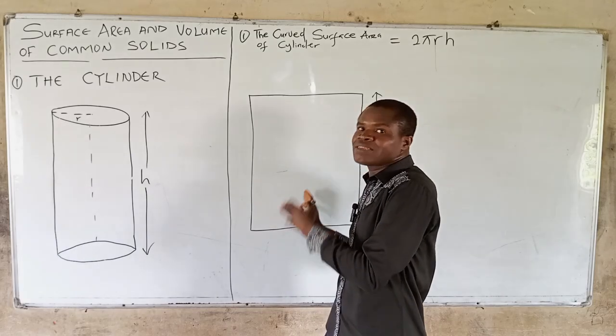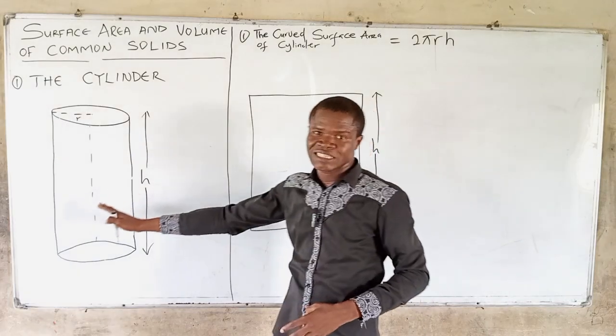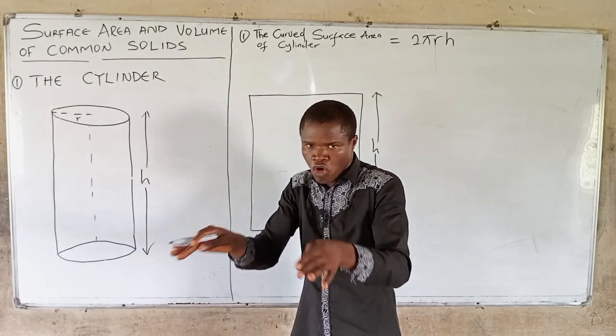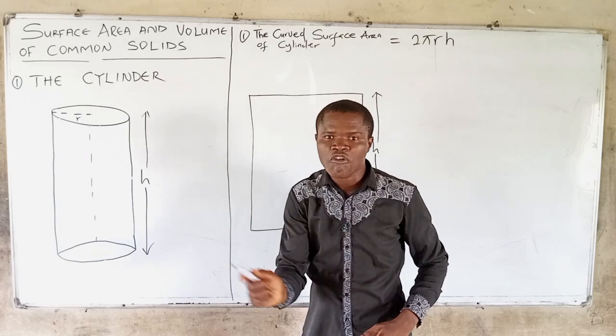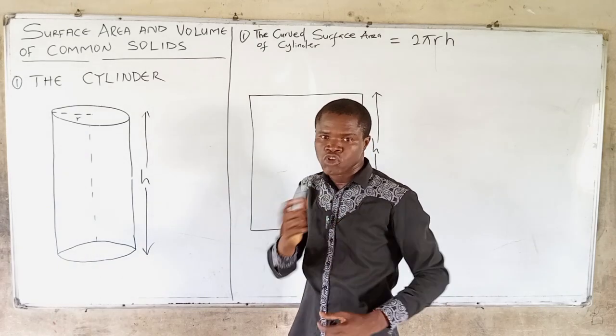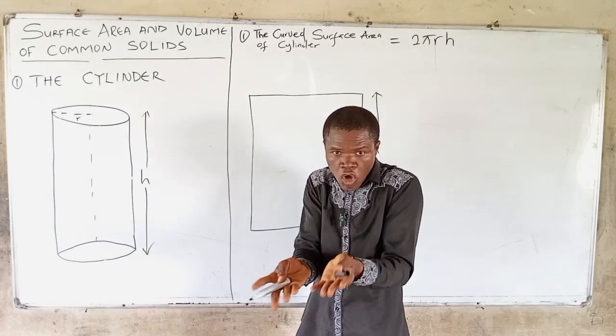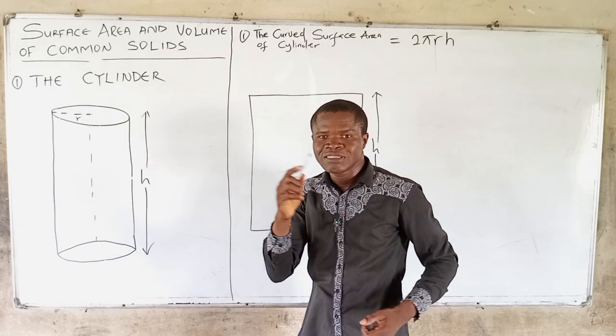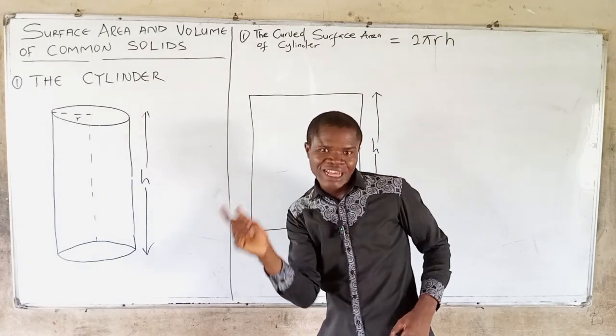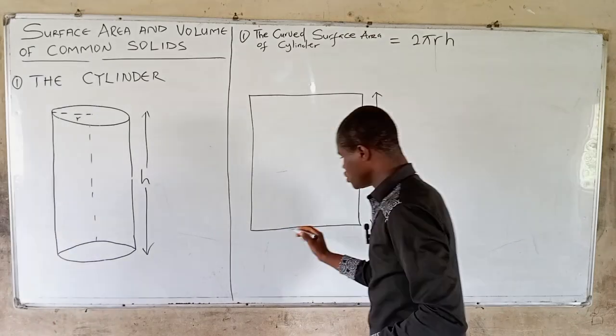When this rectangular shape was a cylinder, remember it was curved like a circle. And what is the formula for the circumference of a circle, the perimeter of a circle? Because it was curved like a circle, the circumference is given as 2πr.